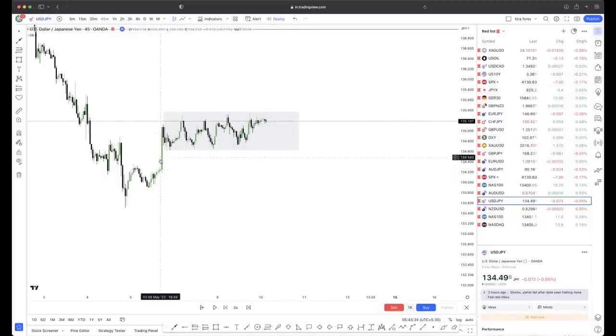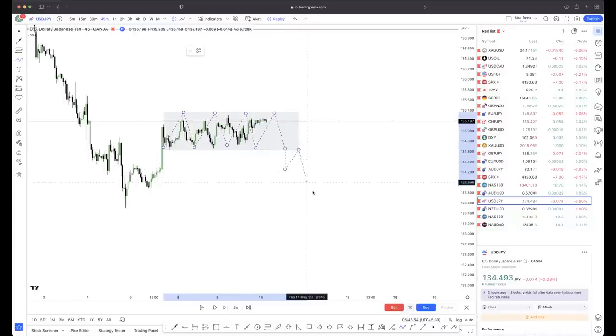All of a sudden, it started consolidating. So in a structure like this, we wait for price to either break to the upside or break to the downside, then we know the real direction before we start taking trades. Or on the other hand, we take buys at the highs and sells at the lows. But if we want to wait for price to break out of the box, then we have to wait.